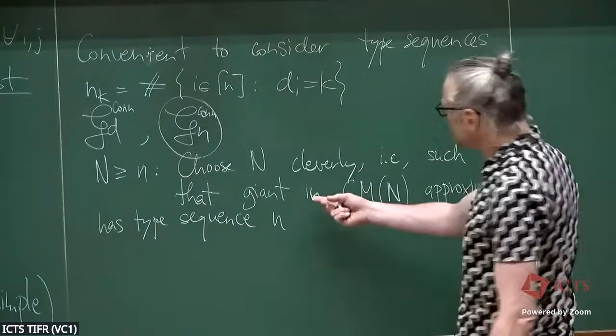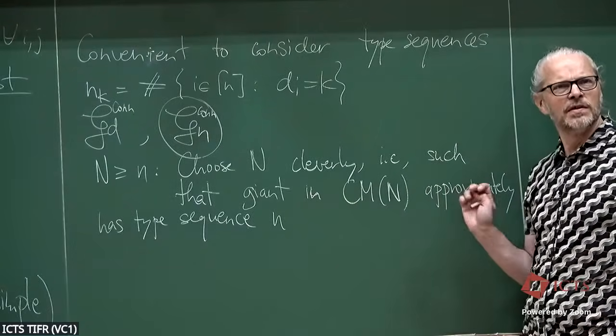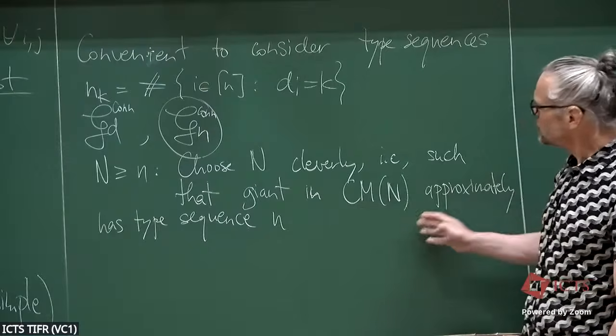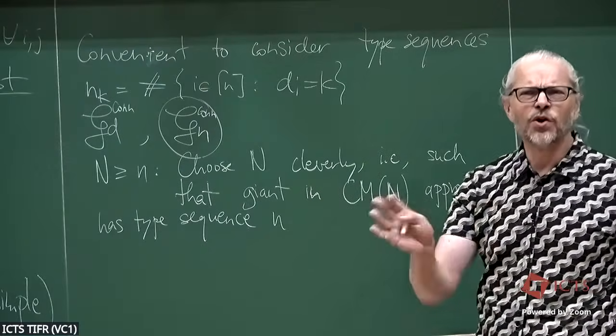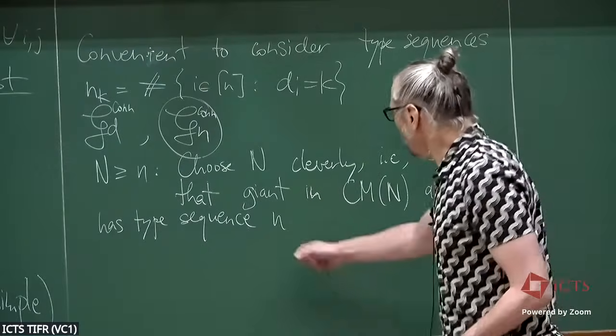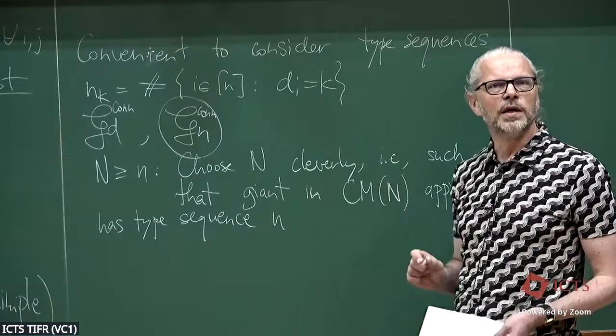Now also we know that these giants are very well concentrated. Okay, so if I look at this giant here, it will be very close to whatever the typical type sequence should be.